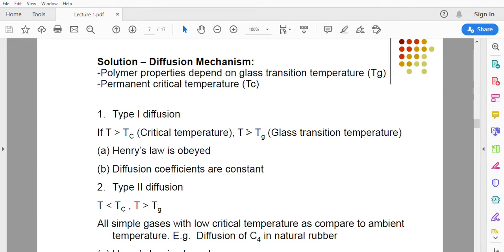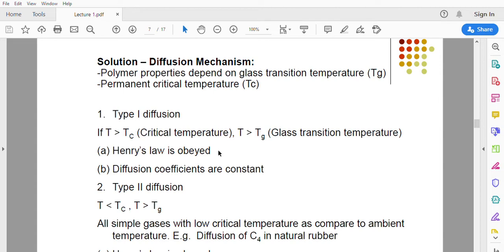So if the temperature at which you are using the membrane based process is higher than the glass transition temperature of the polymer, and again higher than the critical temperature of the gas, then you can use Henry's law to calculate the absorption coefficient of the gas at the surface of the membrane.